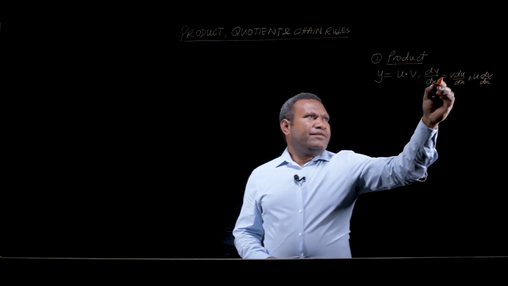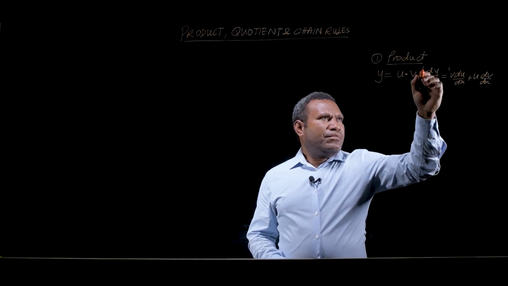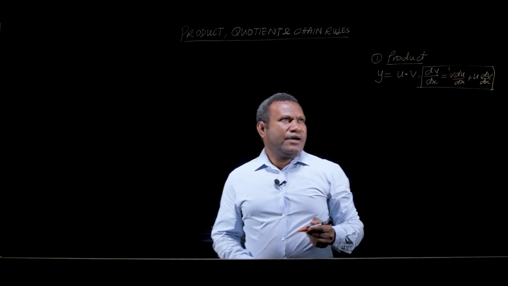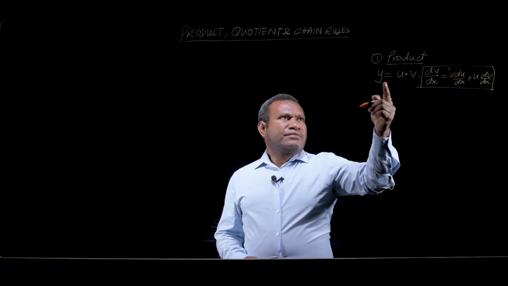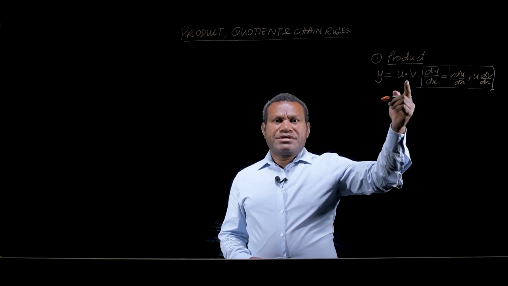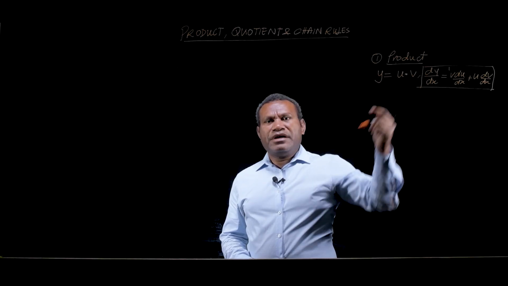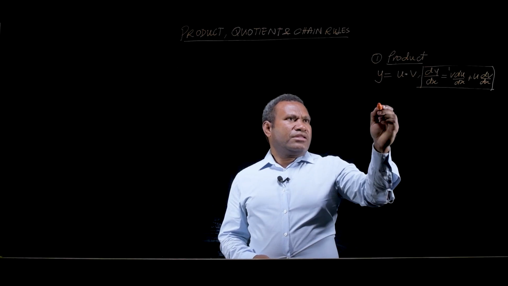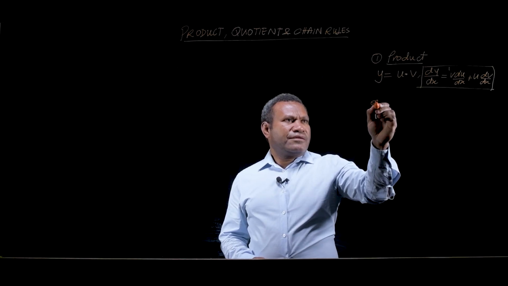Right, so this is your product rule. If given a function y equals u times v, and u and v are functions in terms of x. All right, so let's take a look at an example.